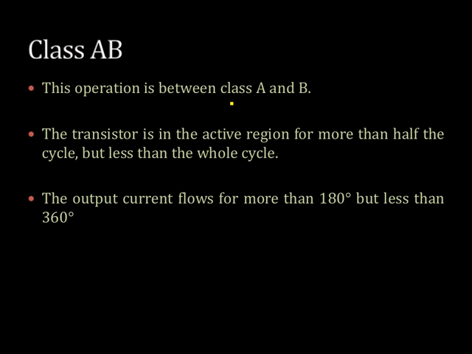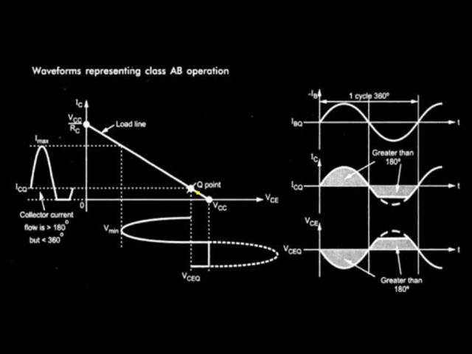The next one is class AB. This operation is between class A and class B. The transistor is in the active region for more than half the cycle, but less than the whole cycle, not up to 360 degree. The output current flows for more than 180 degree, but less than 360 degree. You can see that here. That is, the operating point is somewhere here. It is not at the cutoff, but just before that.